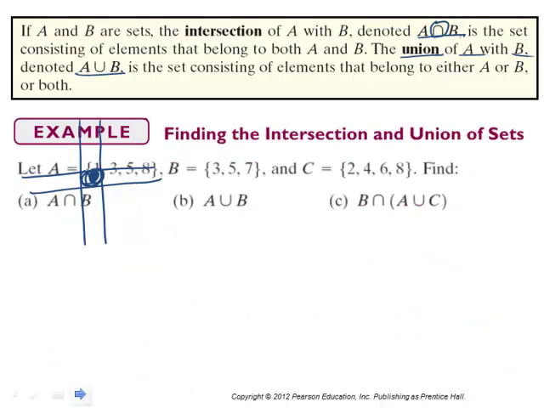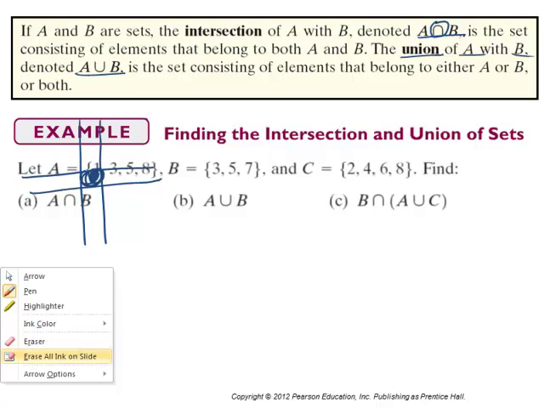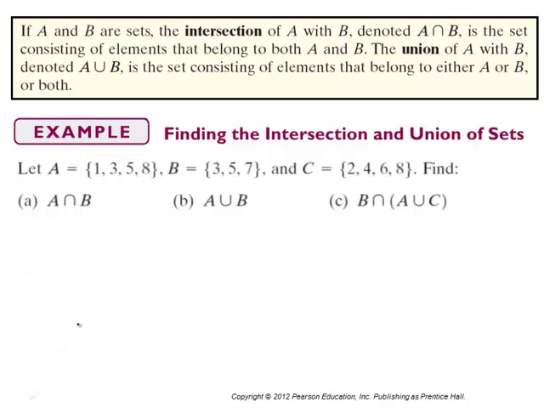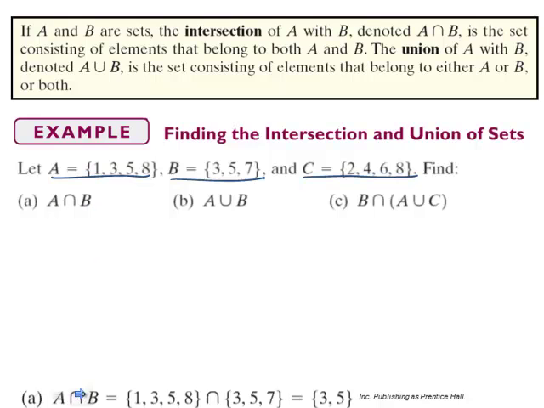So let's look at an example. Let me get rid of this ink here. So suppose that we have this set A consisting of the numbers 1, 3, 5, and 8, and the set B consisting of the numbers 3, 5, and 7. And let's bring in a third set consisting of 2, 4, 6, and 8. Let's take a look at what A intersect B is as our first example.